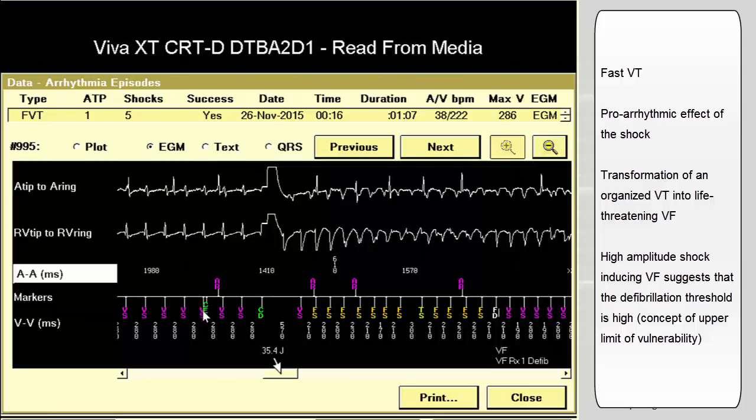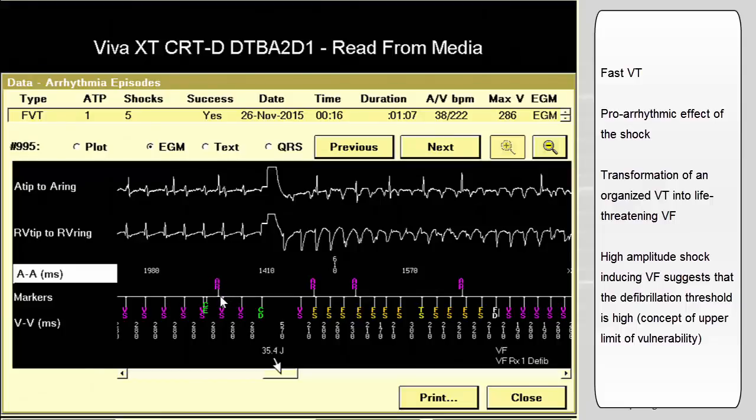So at the end of the charge, there is a confirmation, and the shock will be delivered on the second ventricular event if this ventricular signal is outside the atrial vulnerable period, which is a window that extends from 150 milliseconds to 400 milliseconds after the sensing of an atrial signal.